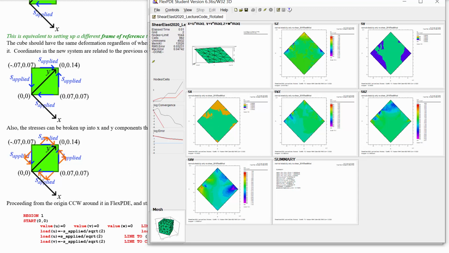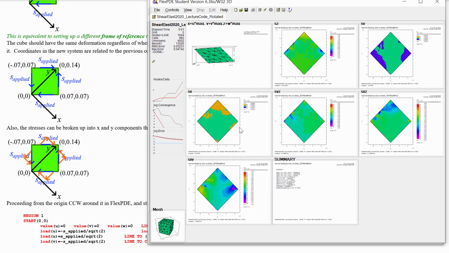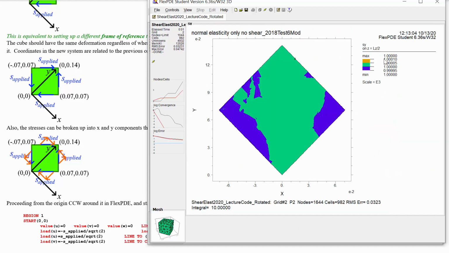The net result is pushing in and pulling out in the Y direction, and kind of compressive in both the X directions. So in fact, that's what's going on here. We have an X stress, which is negative 1 kilopascal, uniform compressive in X, and uniform tensile in Y.